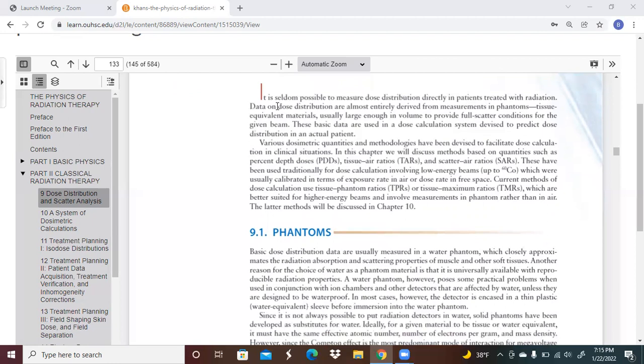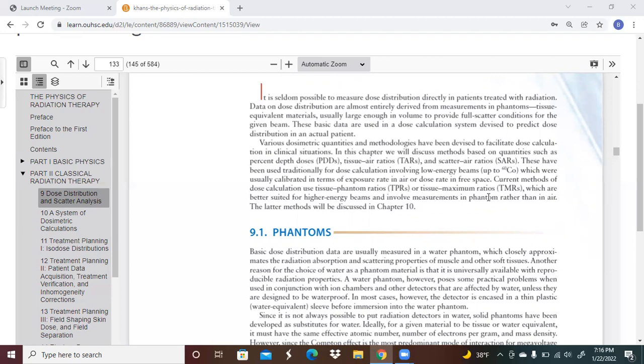So we're going to take measurements in phantoms in order to be able to compute what these doses are. And we're going to use various methods here, such as percent depth dose, tissue air ratios, scatter air ratios, in order to be able to determine how that dose changes as it propagates from one spot in the patient on forward.